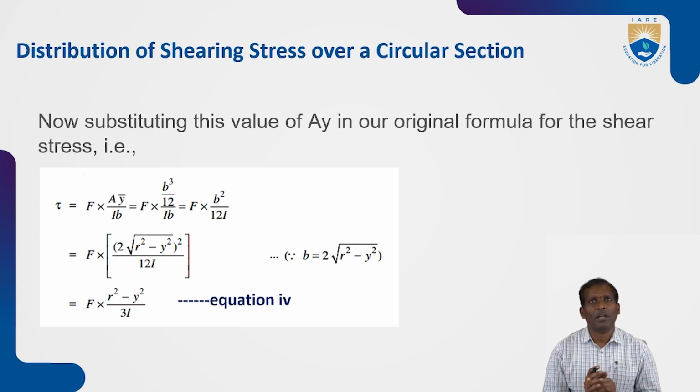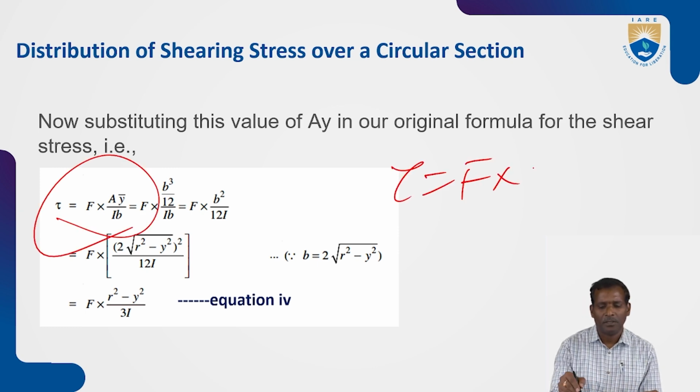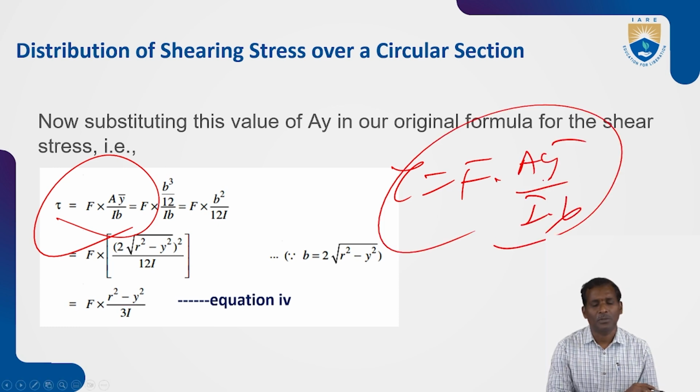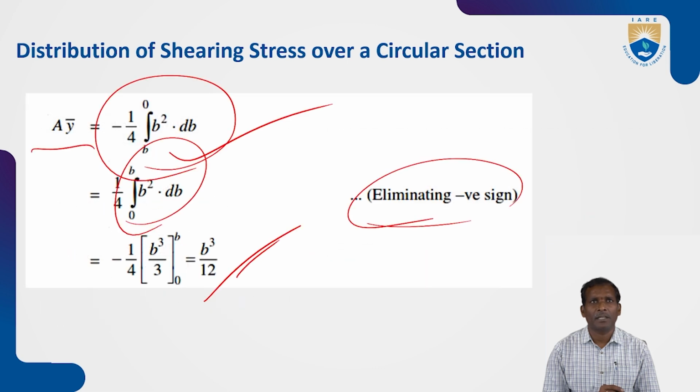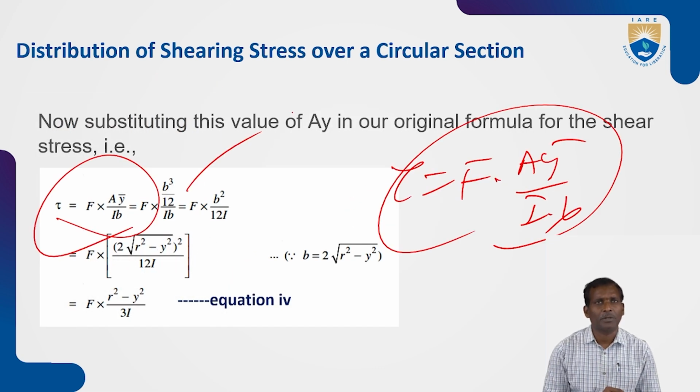Now substituting this value of A y bar in our original formula for the shear stress. You know the original formula is shear stress equals F into A y bar by I b. Already we know equation 2, with r square minus y square. So substitute b cube by 12 here.